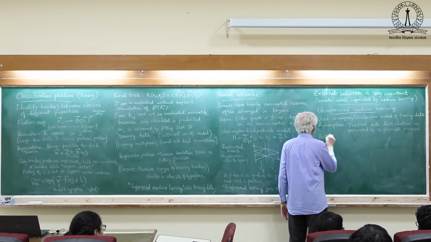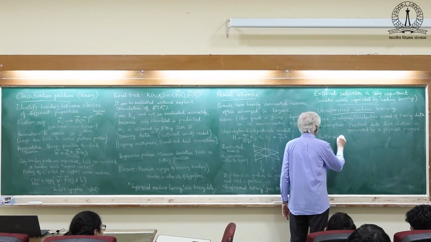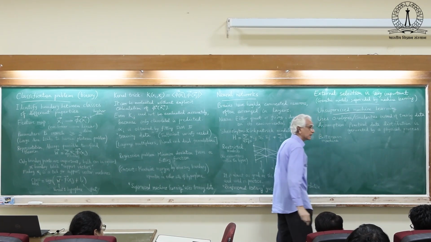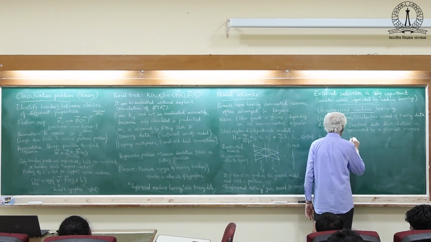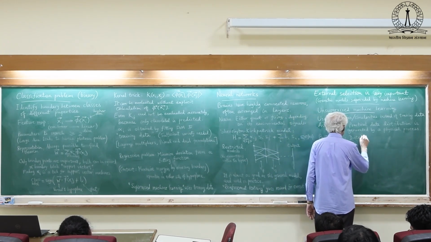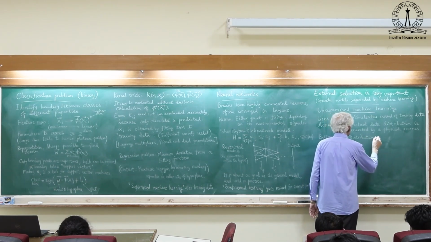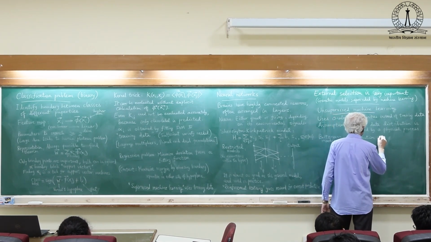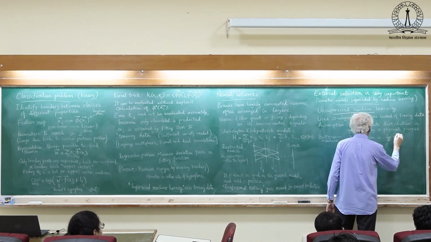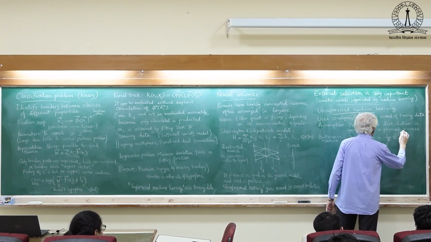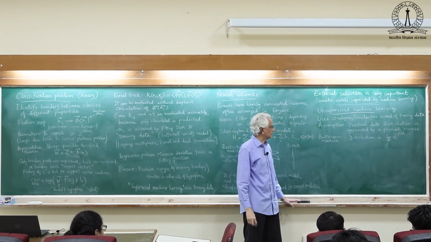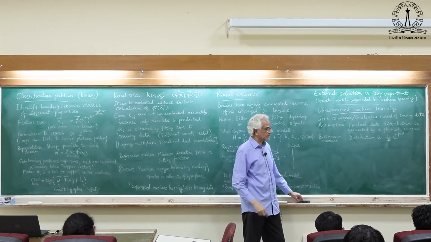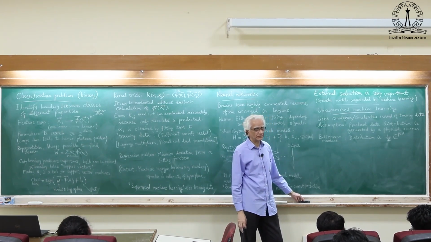That goes under the name of Boltzmann machine, which essentially says that the distribution is given by the well-known Boltzmann factor in statistical physics.